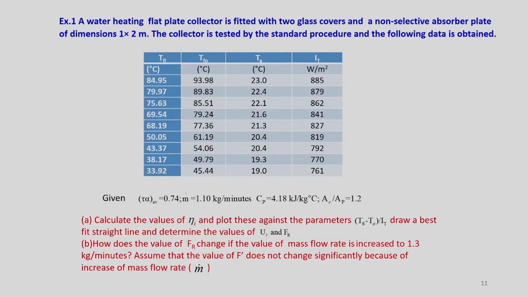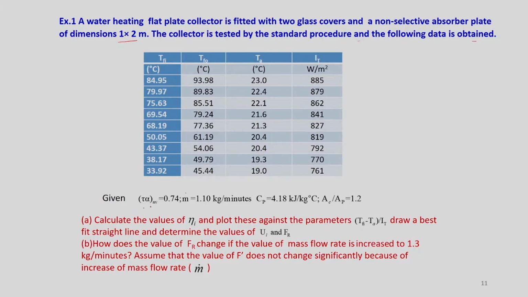Now, let us take a numerical problem. It goes something like this: a water heating flat plate collector is fitted with 2 glass covers and a non-selective absorber plate of dimension 1 by 2 meter. The collector is tested by the standard procedure and the following data is obtained.